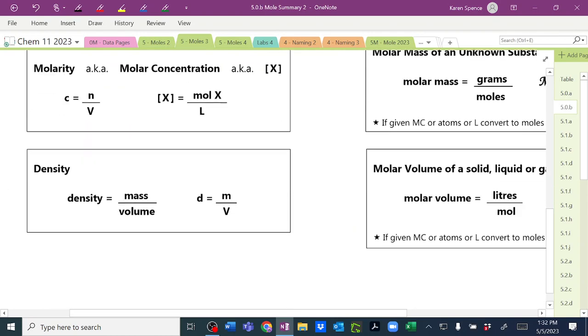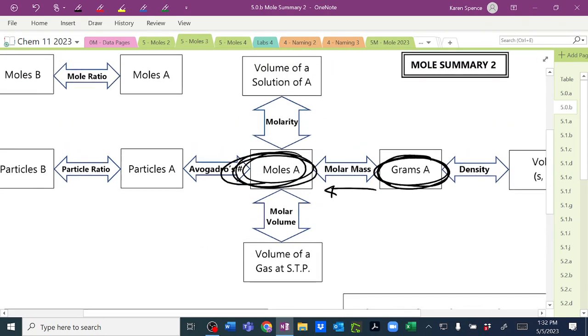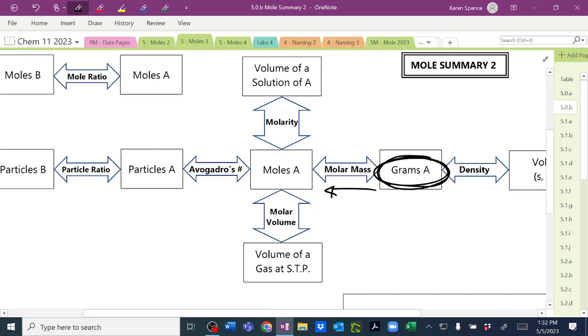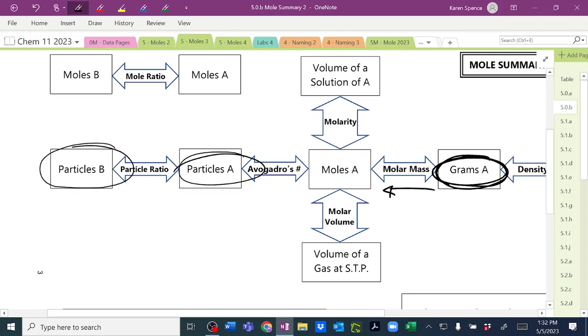This is on page 3, so if you want to flip to page 3 of your book, we then used Avogadro's number to convert to the particles of A, and then we used the particle ratio to convert to the particles of B.